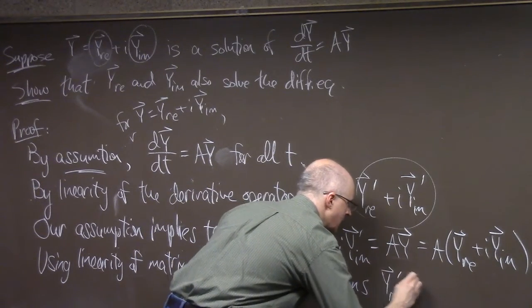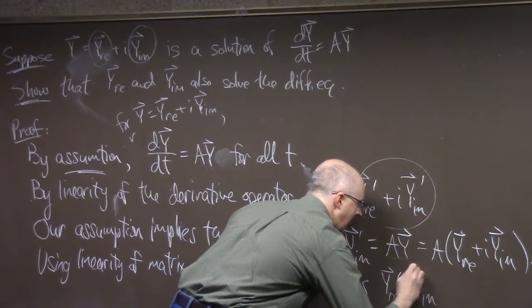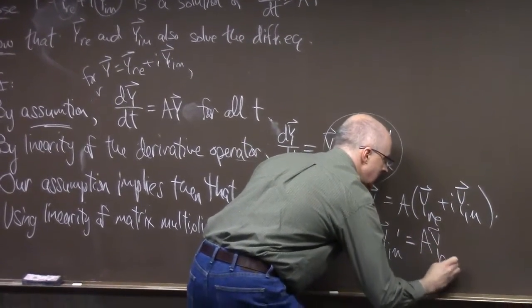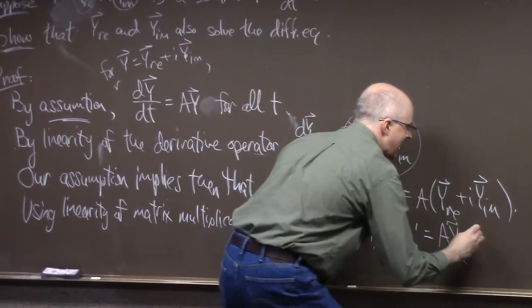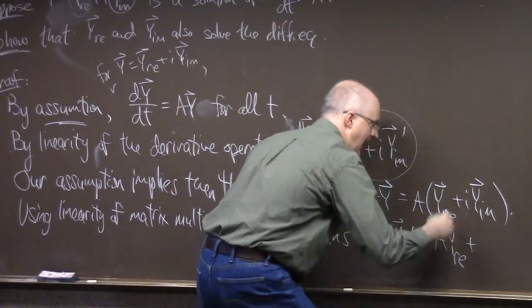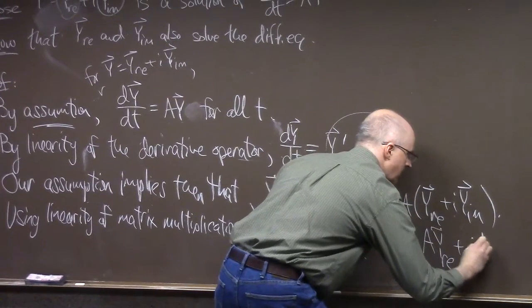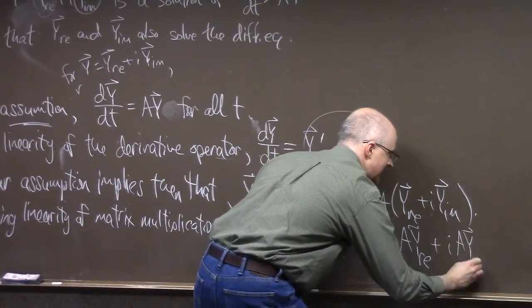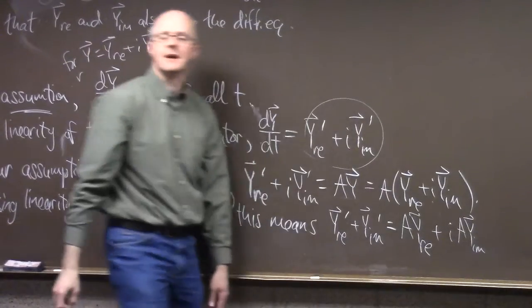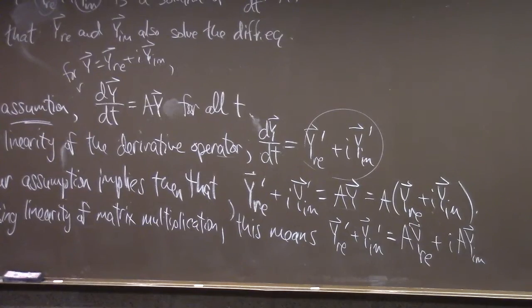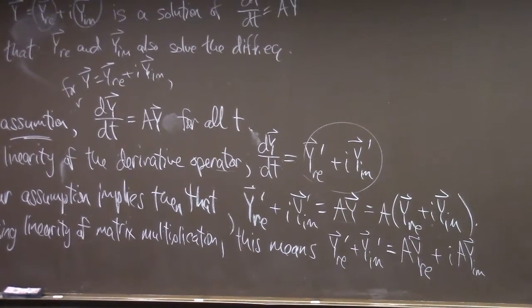Y_re prime plus I Y_im prime equals A Y_re plus A times I Y_im, and the I is a constant that can be factored out. I'm using a linearity property there too, which I think, again, in a sense, it's really more of a definition in this context. But that's what we mean by that kind of multiplication.